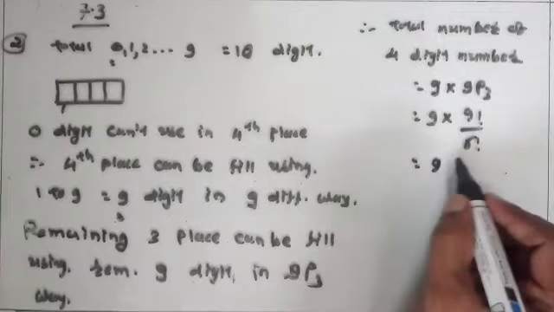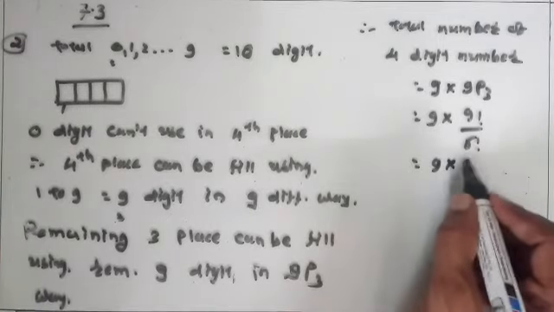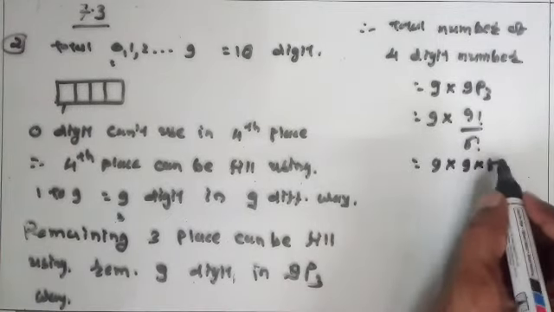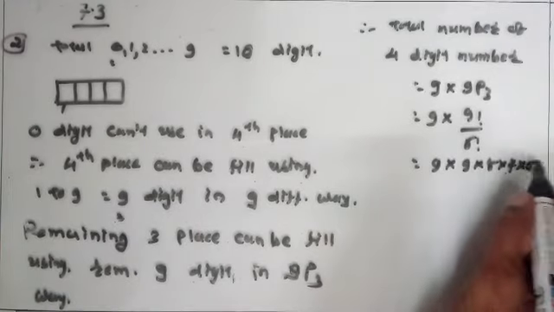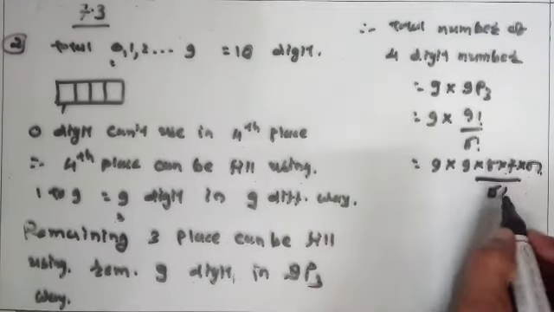That equals 9 into 9 into 8 into 7 into 6 factorial upon 6 factorial.